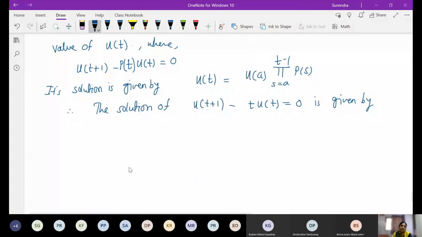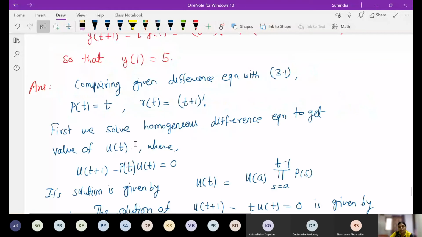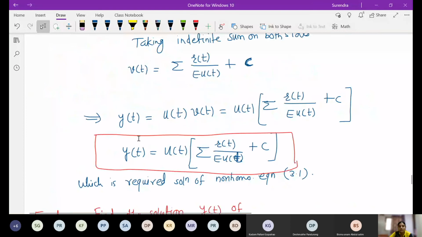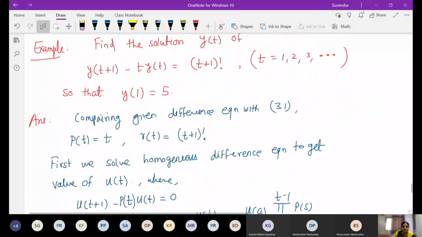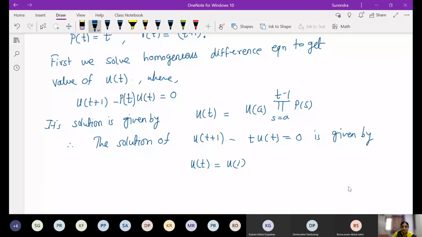What is my a now? a is 1, a plus 1, a plus 2 and so on. So a is my 1. u at 1 into the product for s equal to 1 to t minus 1 of p at s.